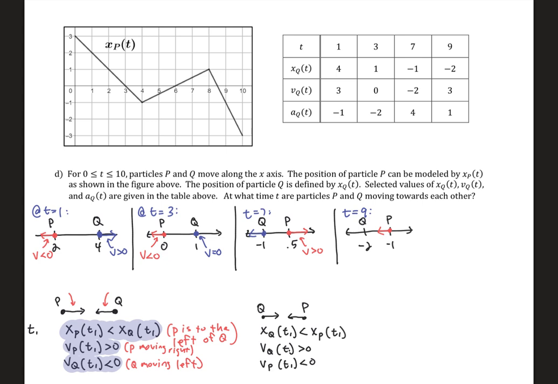For Q, velocity is positive at t equals 9, so the particle is going to the right. Whoops, this one's velocity is negative. So you can see the velocity of the particle on the left is positive, and the velocity of the particle on the right is negative. That means they're going towards each other. So t equals 9 is our answer.